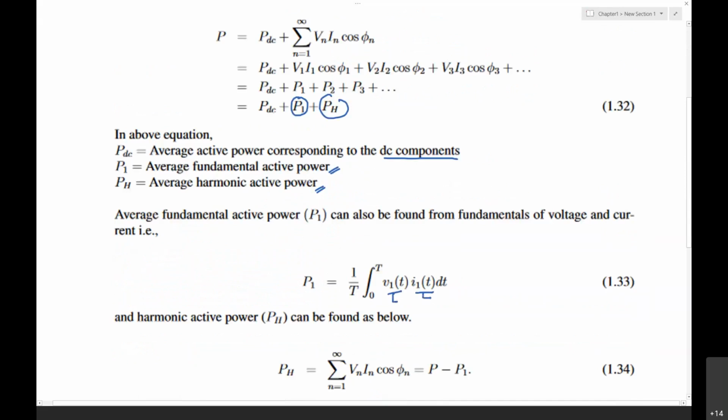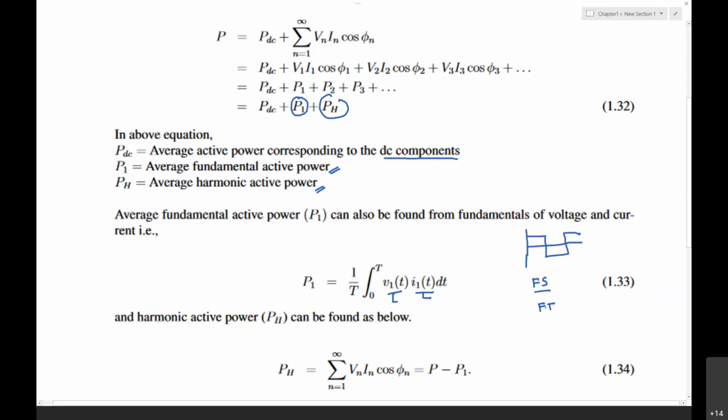See, how do you extract the fundamental voltage? Suppose you have been given a signal of this kind, which is a periodic signal. Generally for a periodic signal, if you want to extract it, we go for the Fourier series. For a periodic signal, we can go for a Fourier transform also.